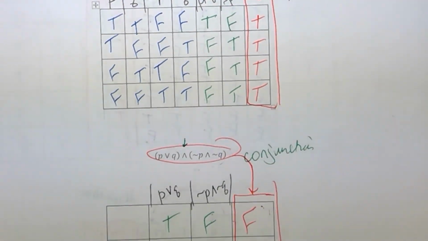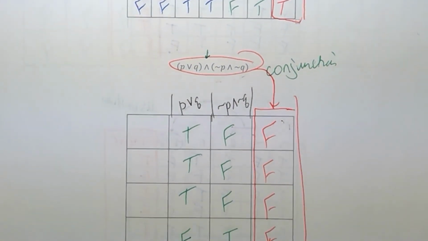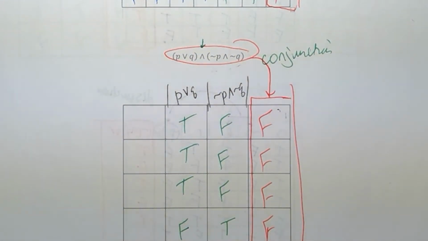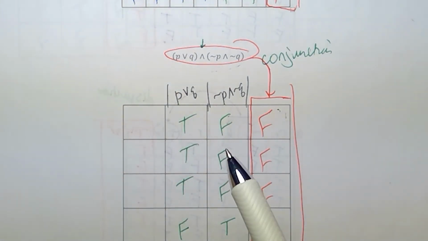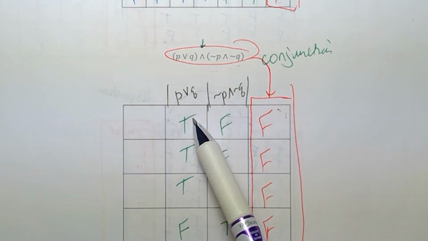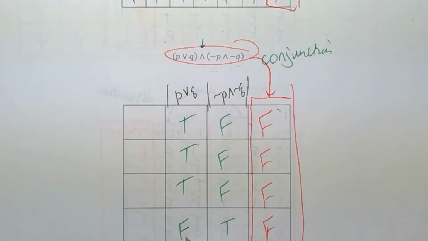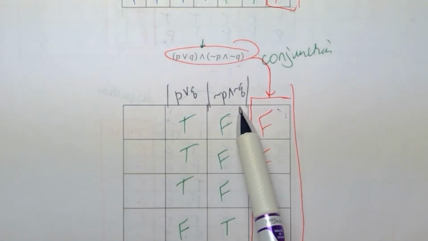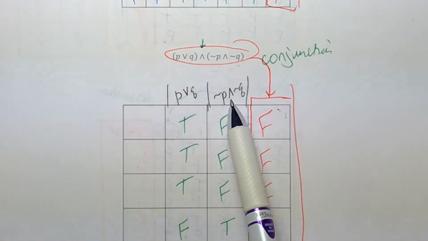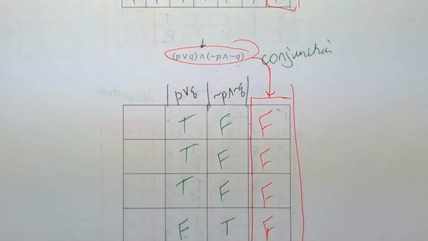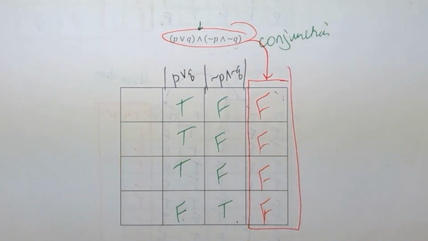Okay, let's look at this final one. To get the final truth table in this packet, I did P or Q. So I looked above at the P column with the Q column, and I got true, true, true, false. Then to get this one, not P and not Q, I was looking at not P and not Q above and seeing where they were both true. They're only both true in that 4th case.